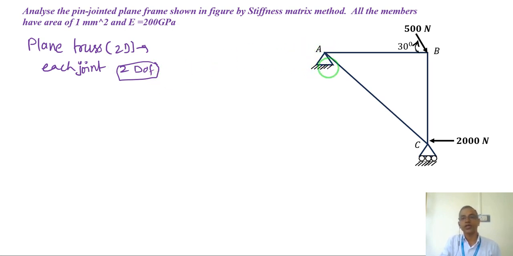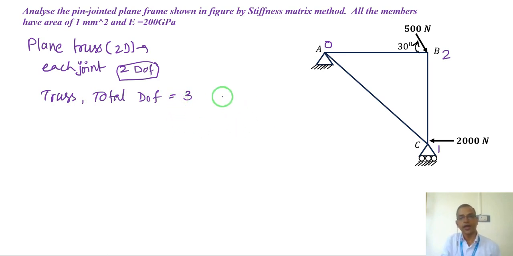Here a joint is constrained because a hinge is there, so it cannot allow any degree of freedom. So here it is 0 degrees of freedom. At B, there is no support, so there are 2 degrees of freedom. At C, vertical is constrained, but horizontally a roller is there, so it is possible, so 1 degree of freedom. So the total degree of freedom for this truss is 3.